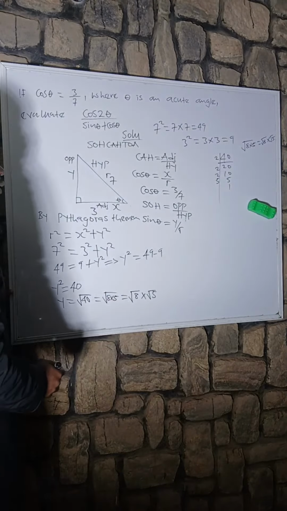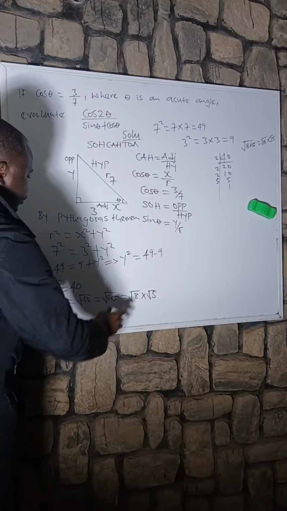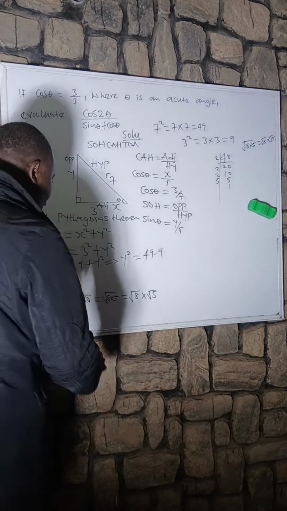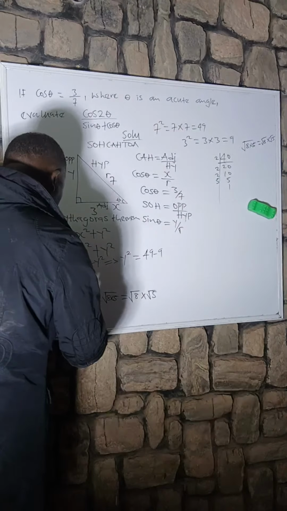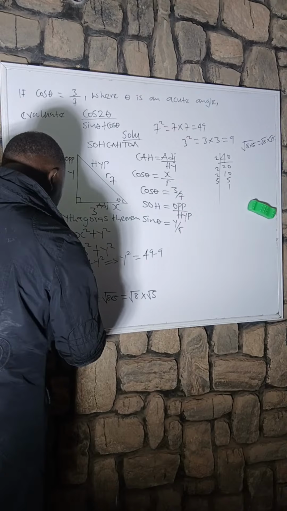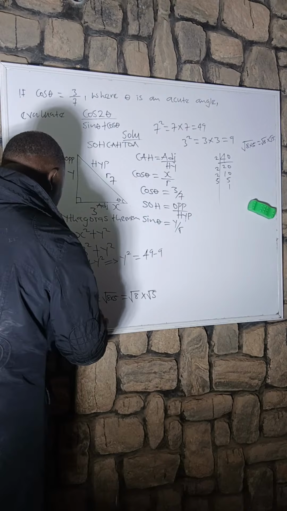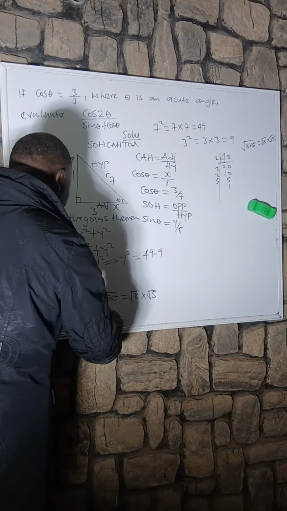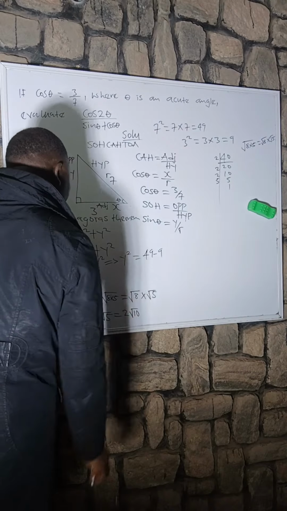Then y will now be equal to 2 root 2 times root 5, which is the same thing as 2 root 10. True or false?